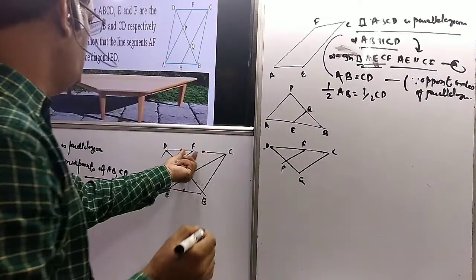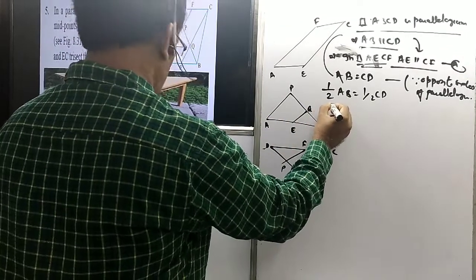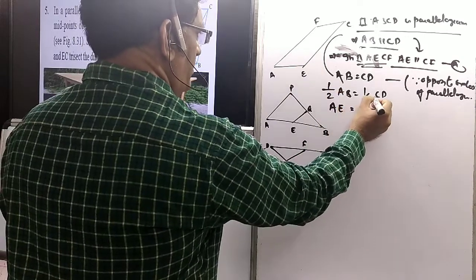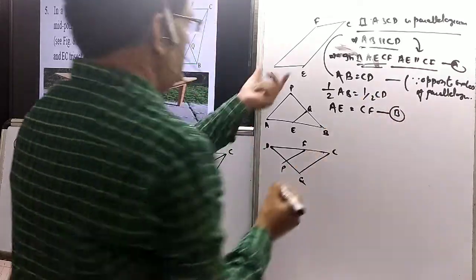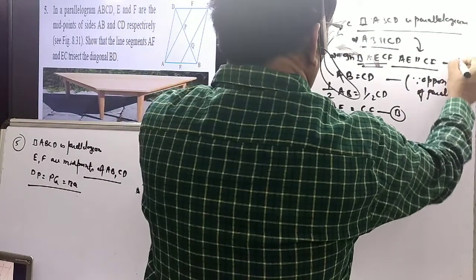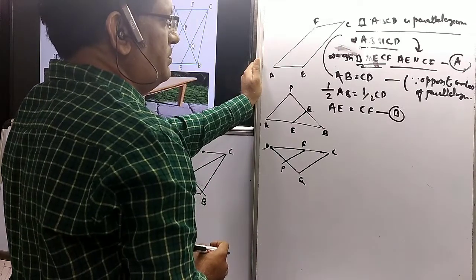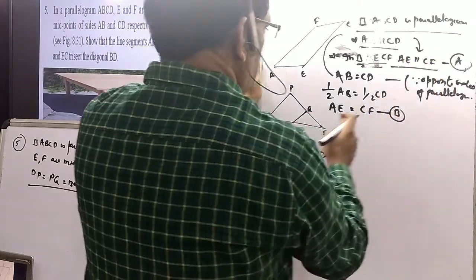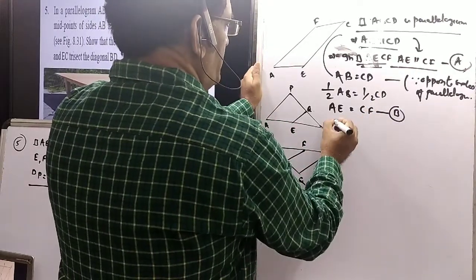But you know that E is the midpoint of AB, so half of AB means AE and half of CD means CF. It implies AE equals CF. So in quadrilateral AECF, statement A says that AE is parallel to CF, and statement B states that AE equals CF.